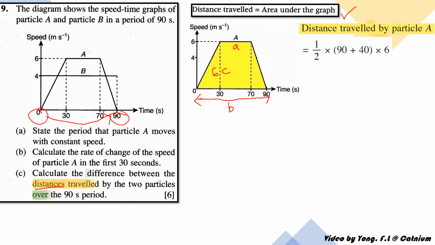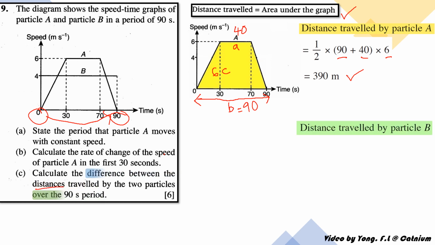A is 70 minus 30 is 40. 70 tolak 30, 40. B is 90. So itulah A, B sini dan C. So do the calculation. This is a distance traveled by particle A.